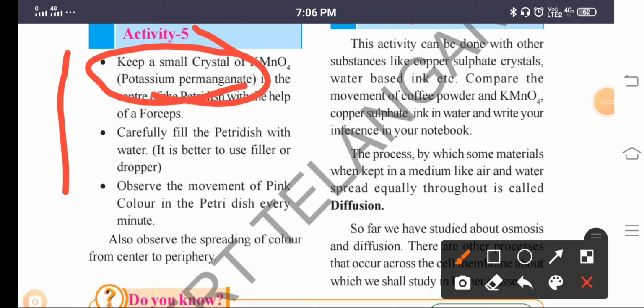One potassium permanganate crystal you have to leave in the beaker. It will go to the bottom of the beaker.